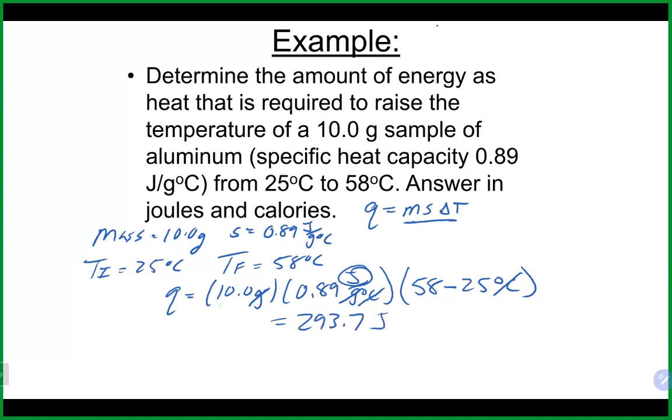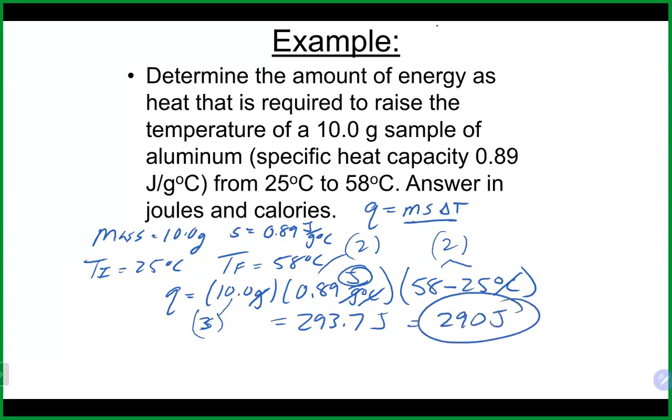We're going to do a little sig fig action on that. This one has 2 sig figs, and the difference also gives 2, based on 33. That means perhaps we should end with 290 joules to the proper number of sig figs. Question on that calculation?